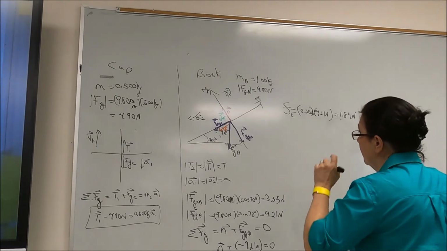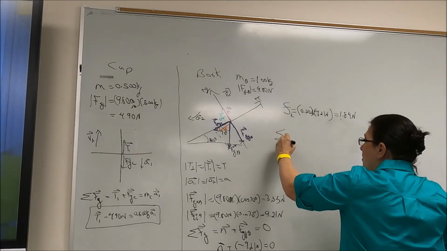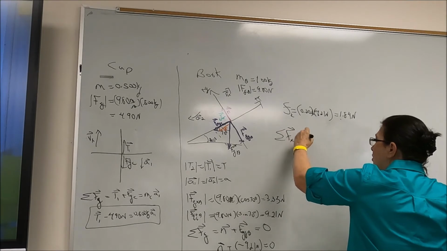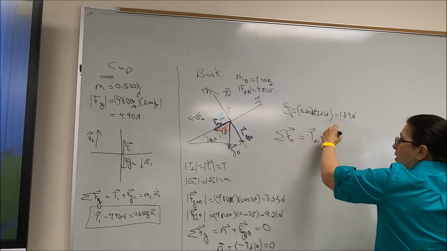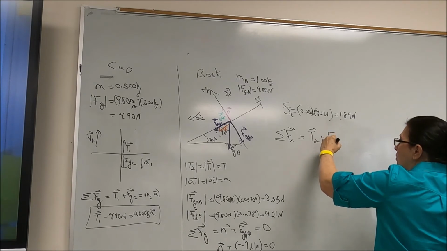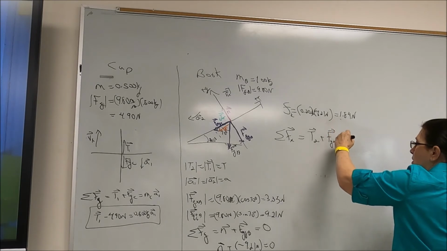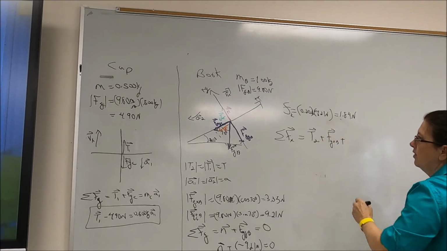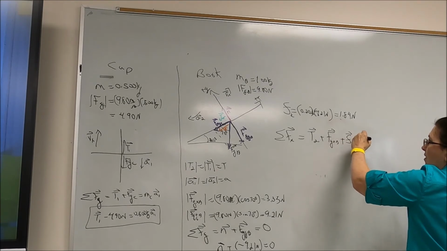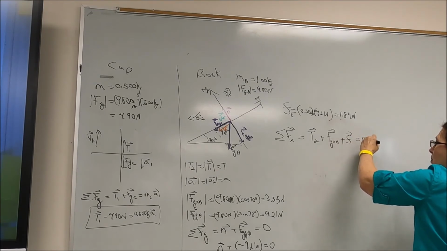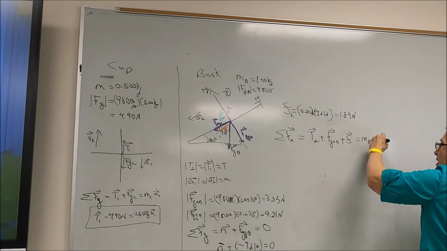Now, we look at our sum of the forces in the x direction. I have T2 plus force of gravity in the x direction on the book plus the frictional force, all having to add up to the mass of the book times the acceleration of the book.